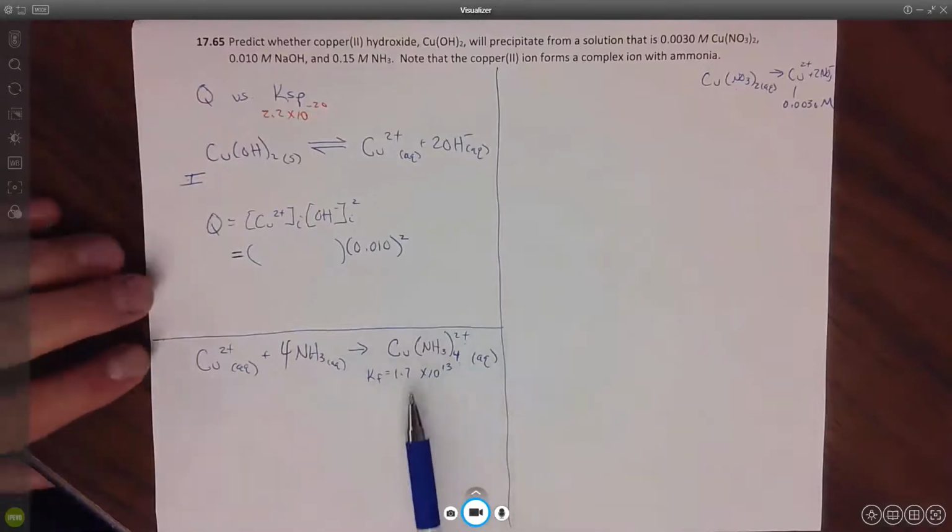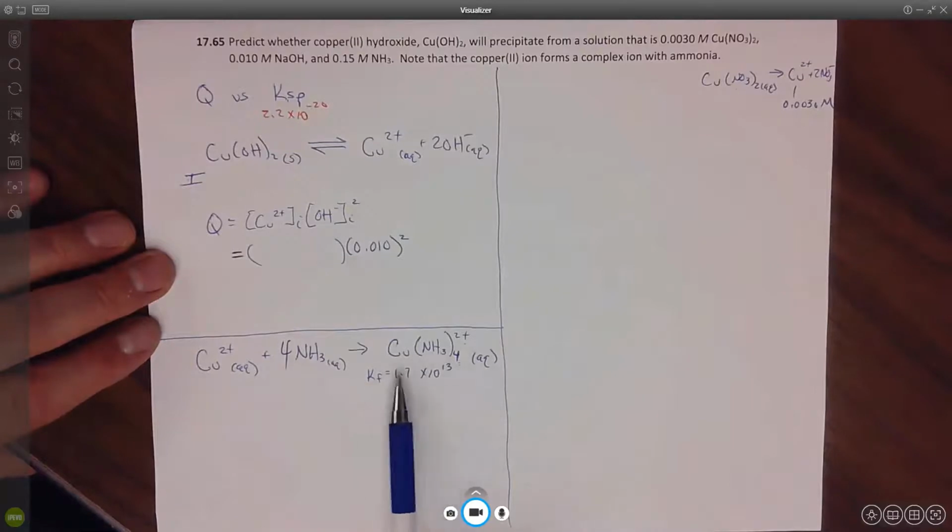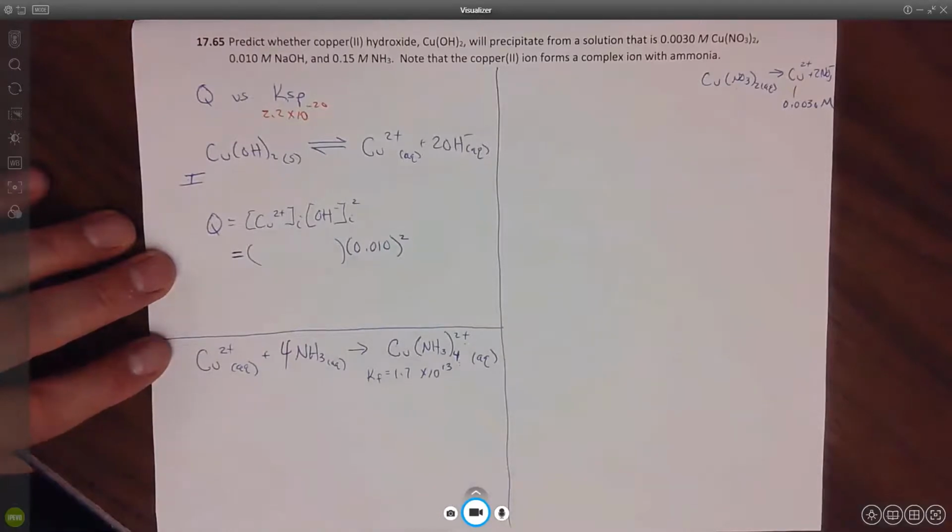Let's look at it this way. Since this thing is huge, and I'm not going to be able to ignore the plus and minus x terms, what happens to this value if I flip the reaction? Is it going to become big or small? Really small.